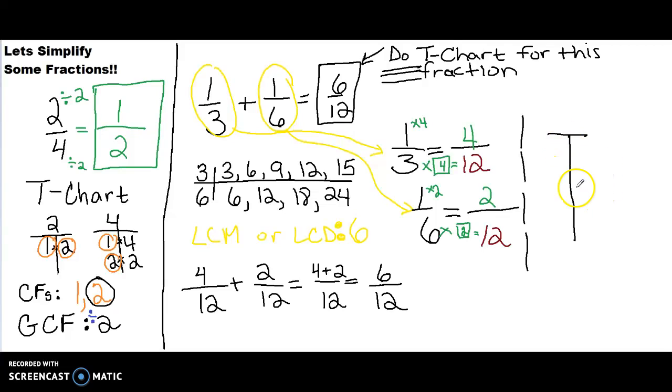What is my numerator? It's 6. And then I come over here and put my denominator. What is my denominator? 12. So for 6: 1 times 6, 2 times 3. For 12: 1 times 12, 2 times 6, 3 times 4.